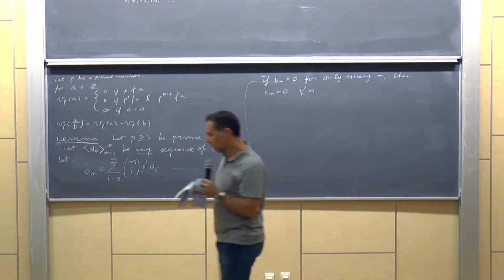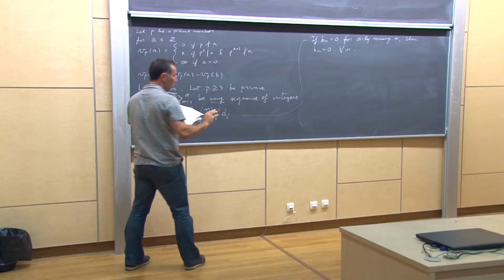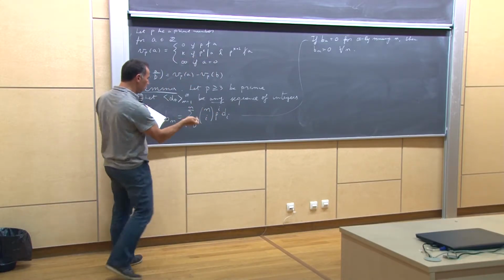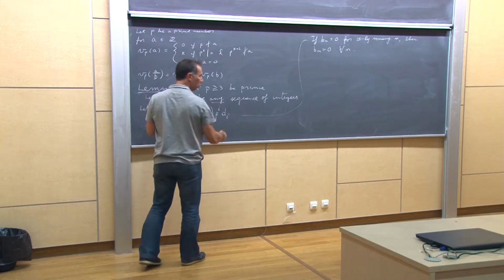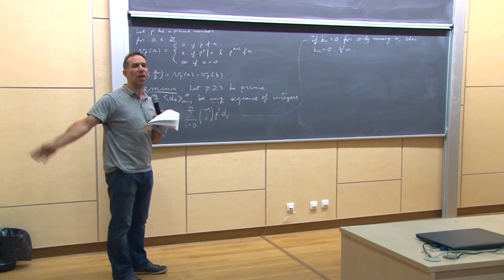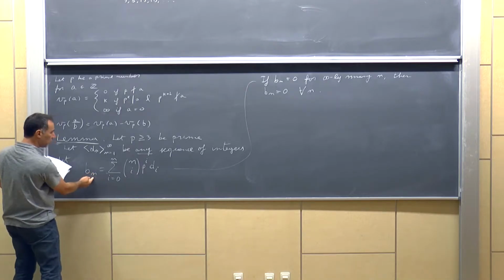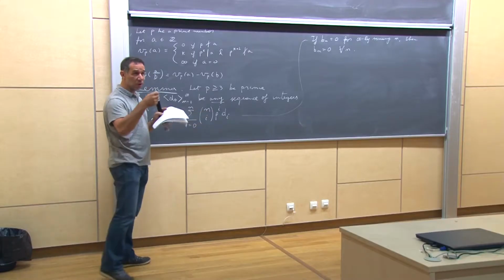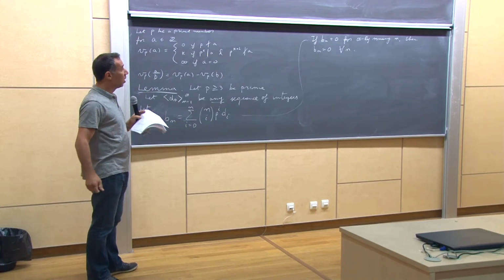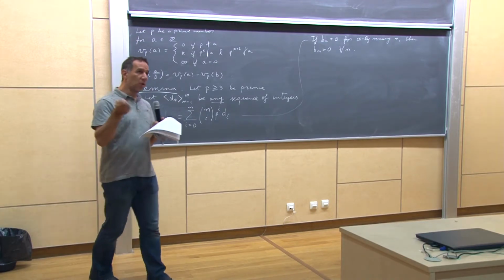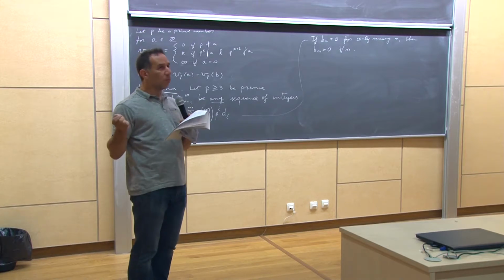Okay, so you look at this for a second. You can think of it slightly differently. Suppose you get to choose these d_i. You can choose any integers you want, positive or negative, and you're going to compute a sequence b_1, b_2, b_3, and so on. And you're trying to make this sequence be infinitely often 0.